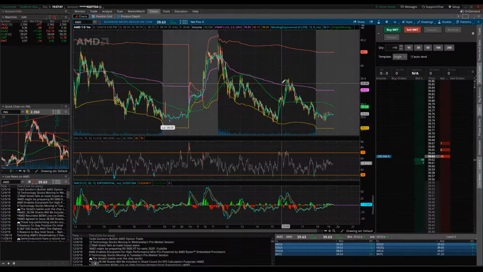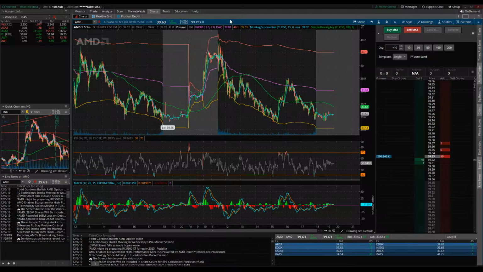The middle VWAP is like the original VWAP. That's the more conservative approach, and what you should pay more attention to. The middle VWAP is the more important line of the three. The other ones are the ones that you can customize.